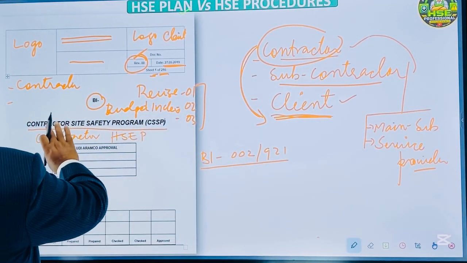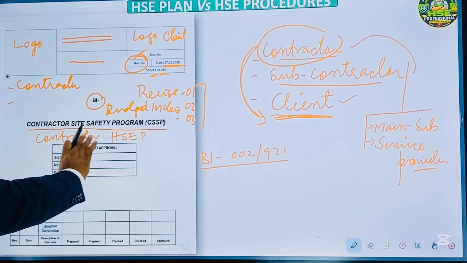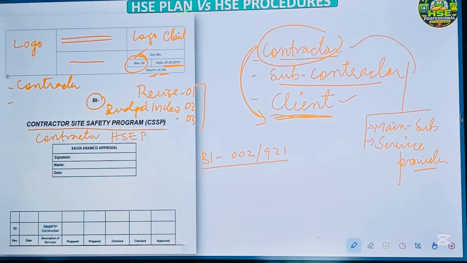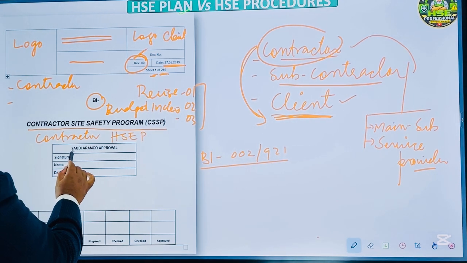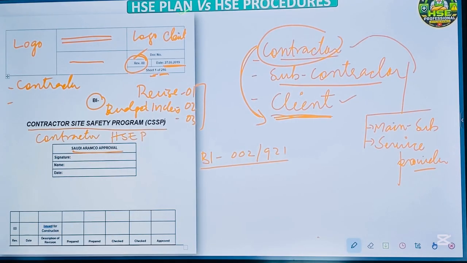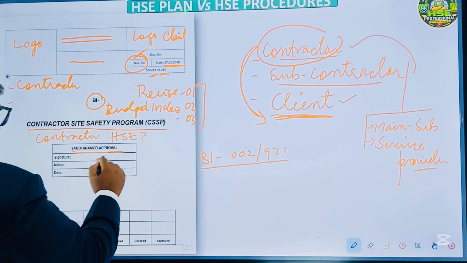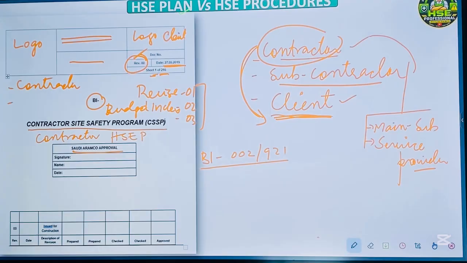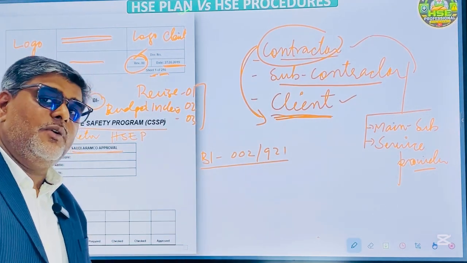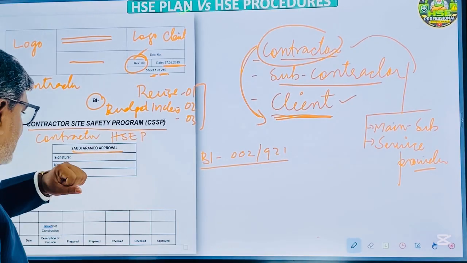Okay, title is clear. We can say contractor HSE plan or HSE plan. Okay, this document is going to be submitted to the client. Suppose I'm working on an Aramco project, so absolutely Aramco. So this needs to be signed by the client Aramco representative. Okay, he will review and finally sign, and there will be one stamp.